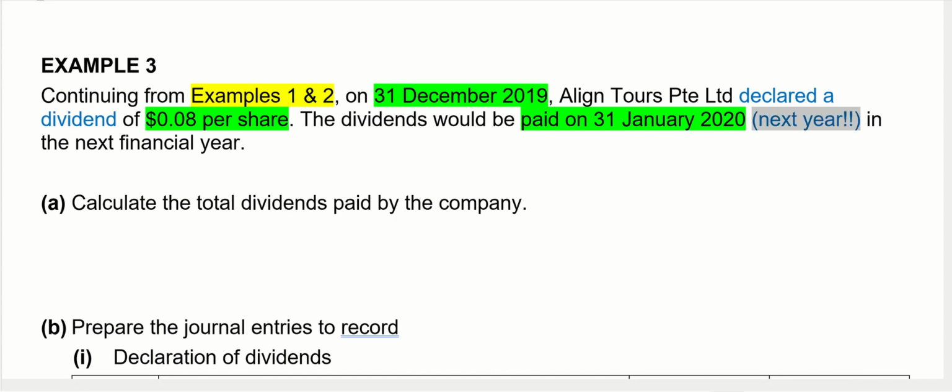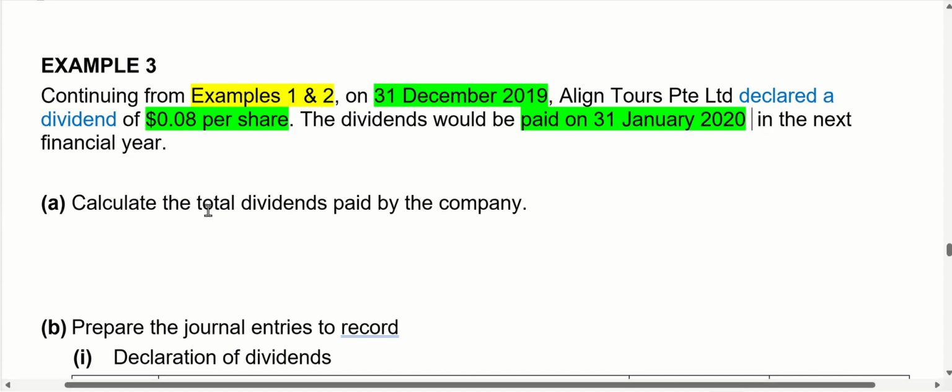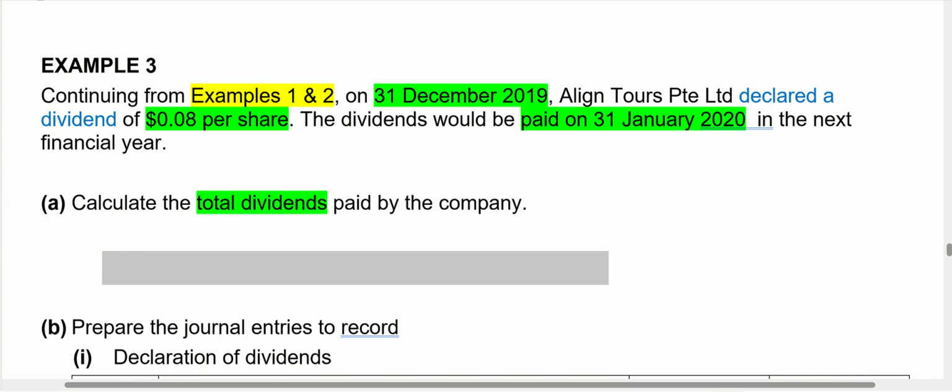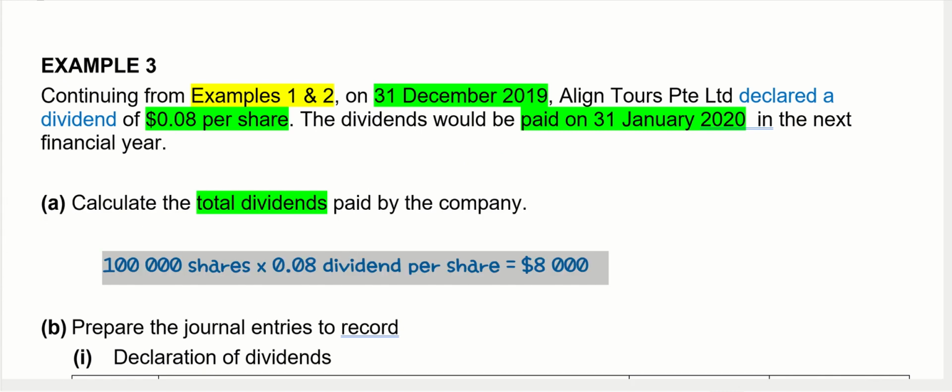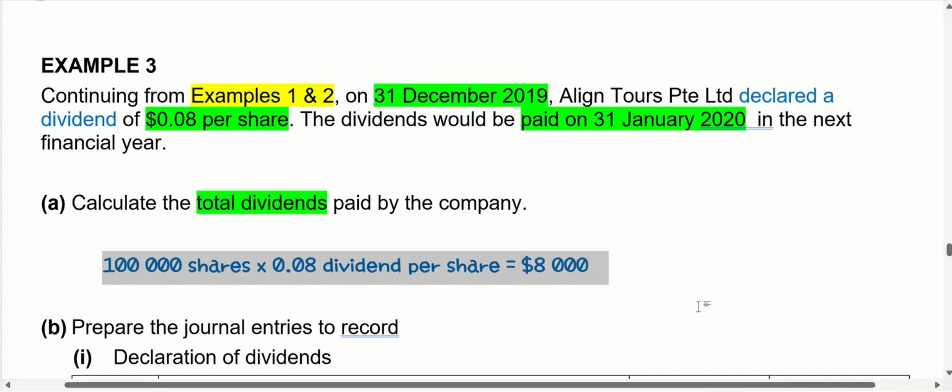So firstly, you want to calculate the total dividends that will be declared by the business. You do that by taking 100,000 shares times 8 cents dividend per share, and the total dividend is $8,000.